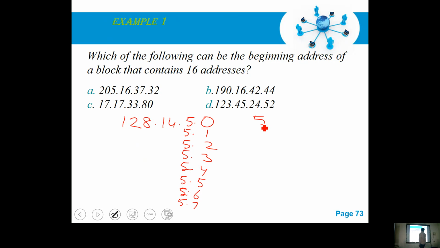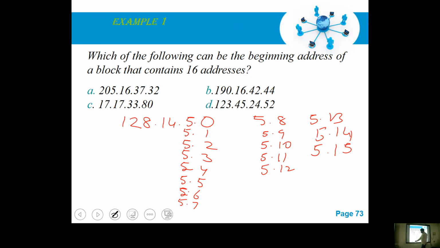Similarly, I have 5.8, 5.9, 5.10, 11, 12, 13, 14, 15. Total 16 addresses I have.